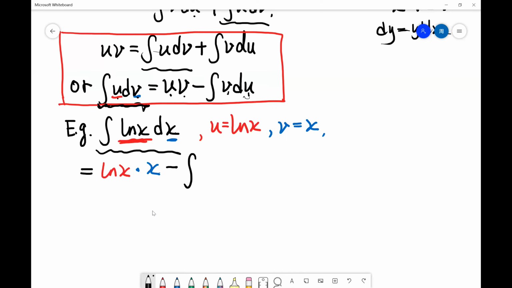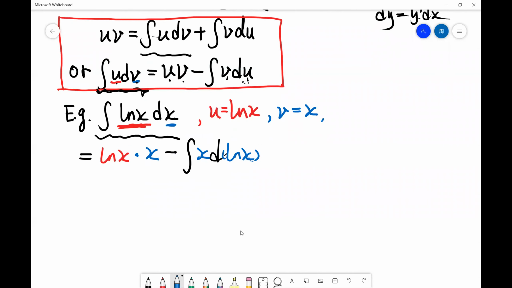So we exchange it, that here should be V, so that should be x. And after d should be U, and U here should be ln x. So here we use the formula to rewrite this integral.